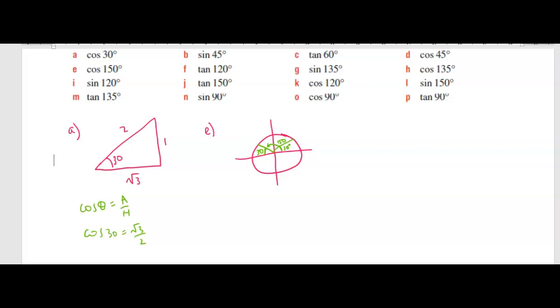Now, you've got to also know whether you're positive or negative in this. So remember your A, S, T, C. So cos is actually negative in this quadrant. So we know that cos 30 is equal to √3 on 2. Cos 150 is the same, √3 on 2, but because cos is negative in the second quadrant, your answer is negative √3 on 2.